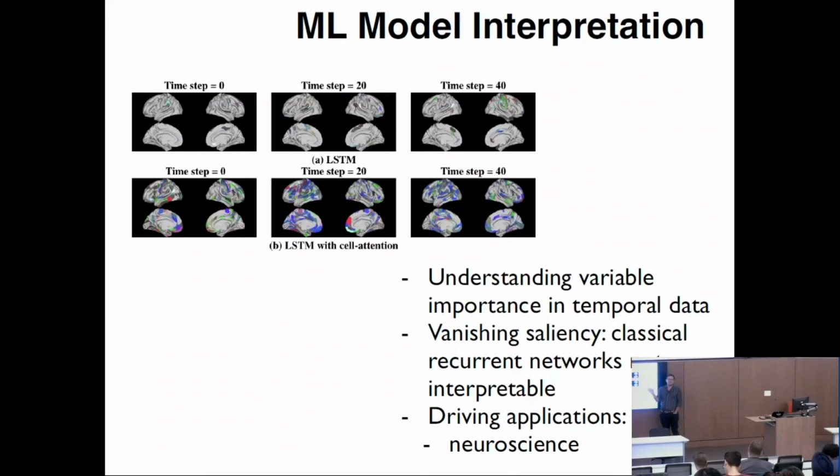And that's not satisfying. So, in collaboration with Sohail, we came up with, first of all, an explanation as to why this is happening mathematically, and some newer models that are able to retain saliency across the entire task. We show by simulation that it's doing the right thing.